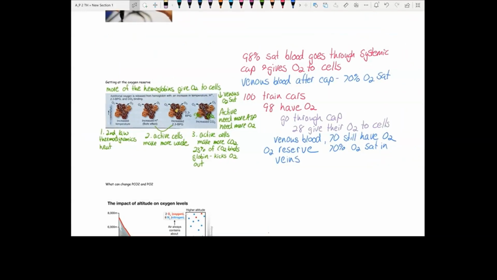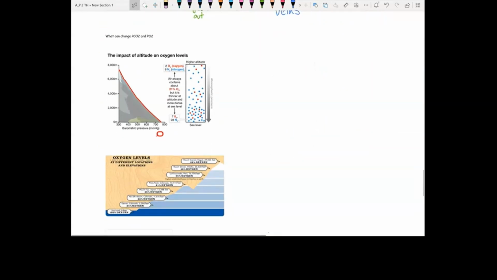Okay, so there is the oxygen and carbon dioxide, mainly the oxygen, in your blood as it's leaving your lungs and as it's leaving your cells, and how your cells can get more oxygen when they need it. Let's think a little more about this idea of oxygen saturation. I said that 98% is normal.